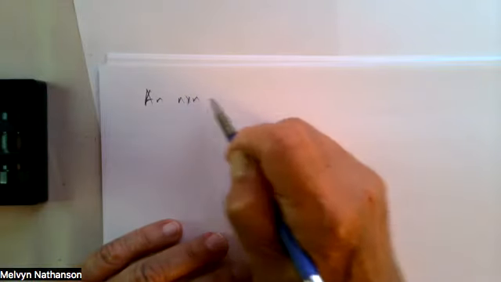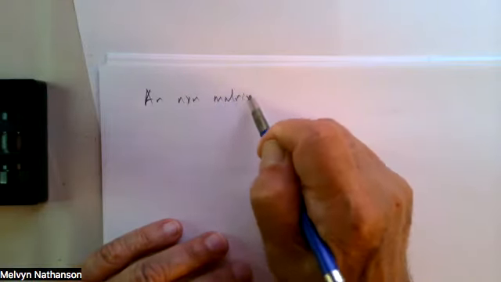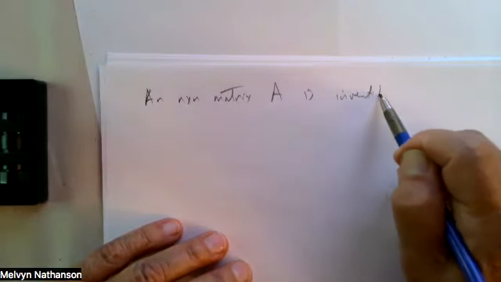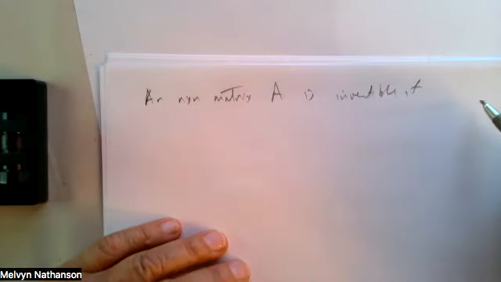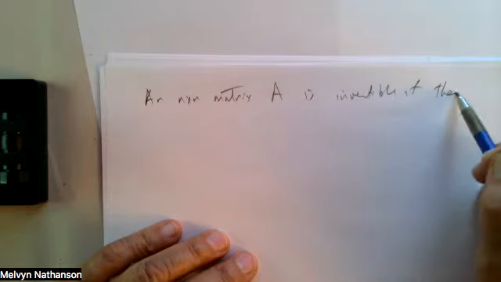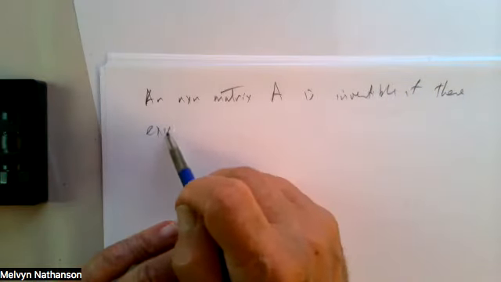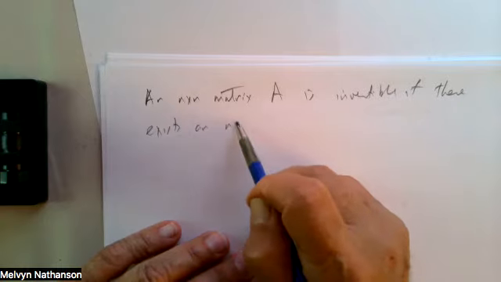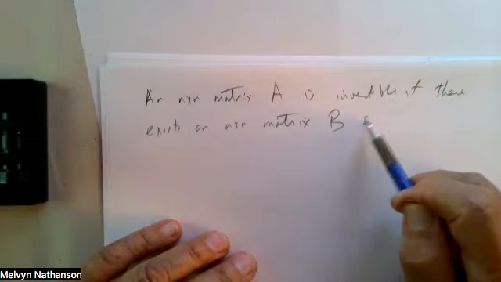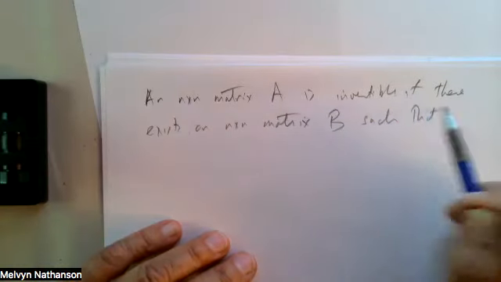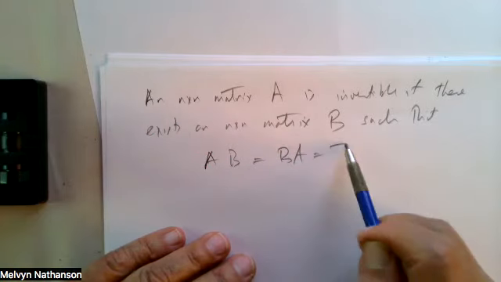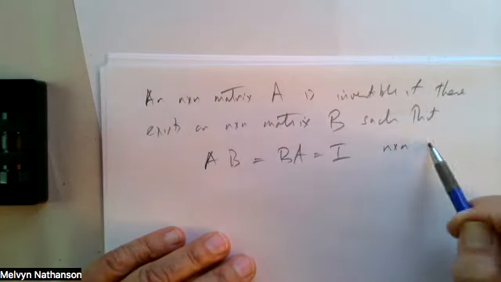An n by n matrix A is invertible if there exists another n by n matrix B such that A times B and B times A are equal to the n by n identity matrix.